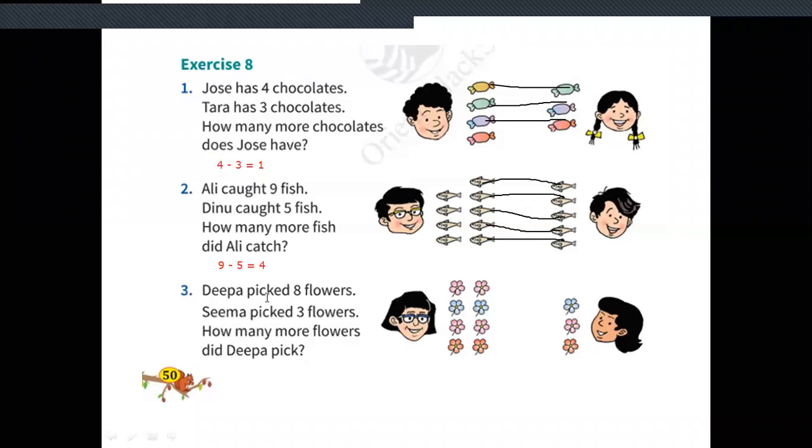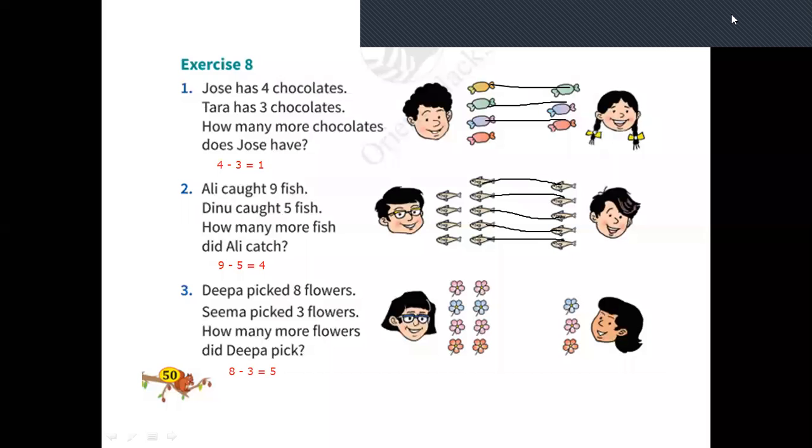Okay. Deepa picked 8 flowers. Seema picked 3 flowers. How many more flowers did Deepa pick? So Deepa picked 8 flowers and Seema picked 3 flowers. If you subtract, 8 in your mind, 3 on your finger, before 8: 7, 6, 5. How many more did she pick? 5 more she picked.